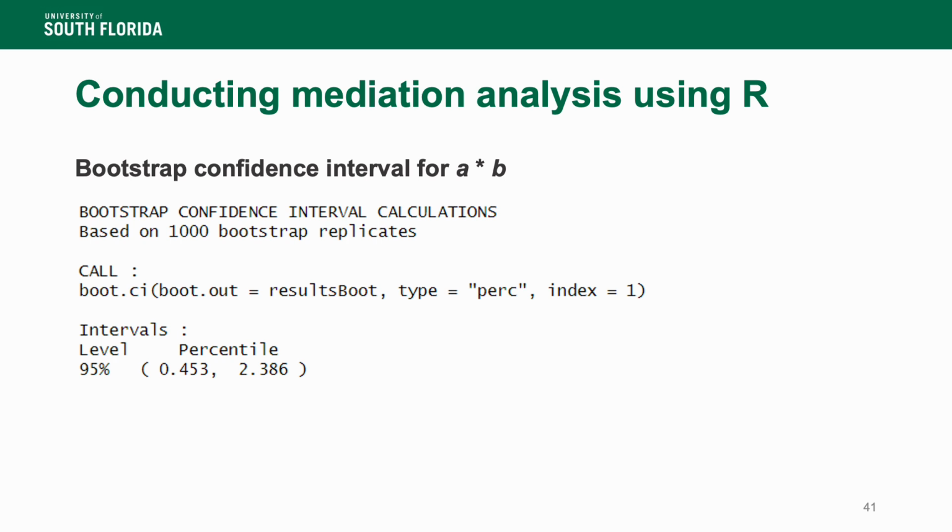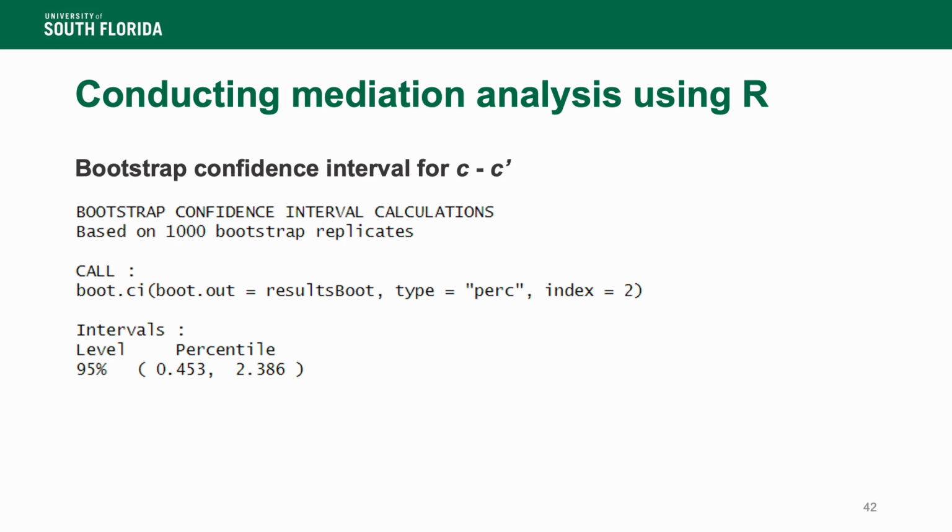Here we can see that the confidence interval for A times B is 0.45 to 2.38. 0 is not within this confidence interval, so this indicates that the indirect effect estimate is statistically significantly different from 0.